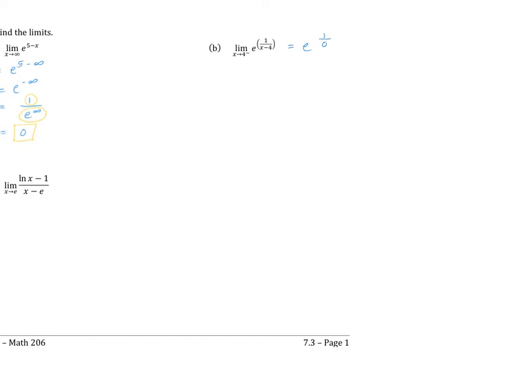So I really don't know what that means. So what I'm going to do is, since our exponential function is continuous, what I'm allowed to do is take my limit into the argument. So this is actually equal to e, I can bring the limit up here, and just look at the limit of 1 over x minus 4.